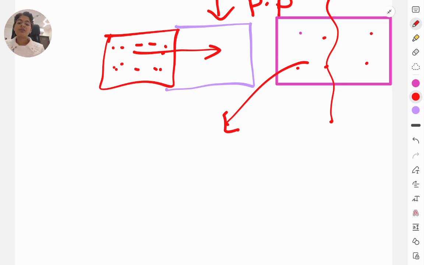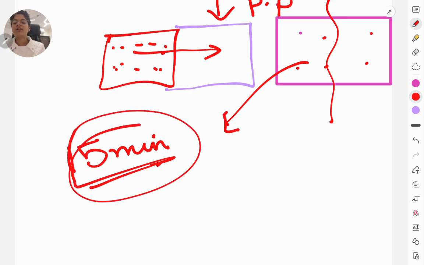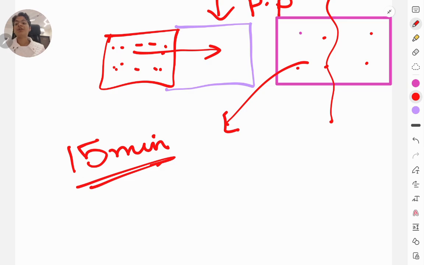So we saw that as the plasma protein was initially decreased, after 15 minutes the labile protein compensated for plasma protein.